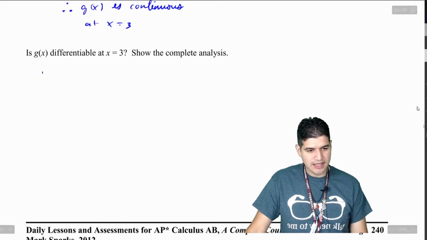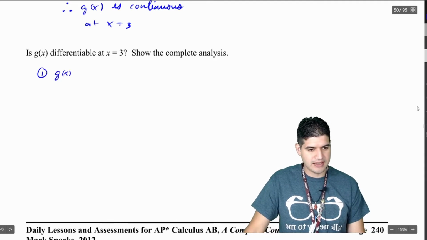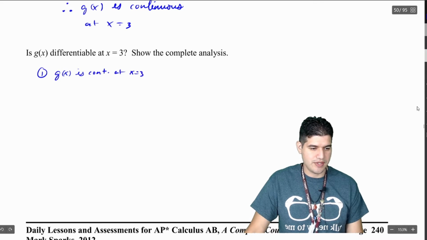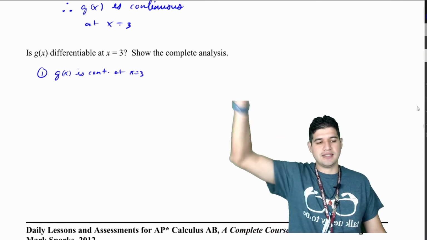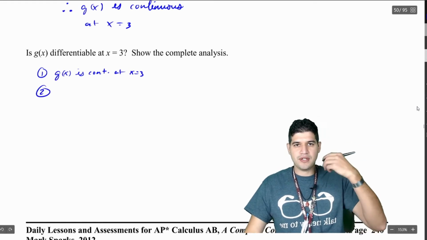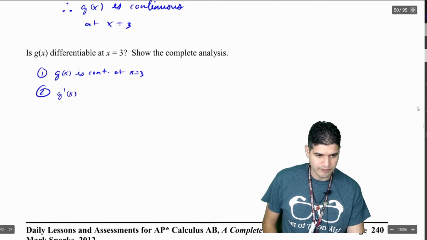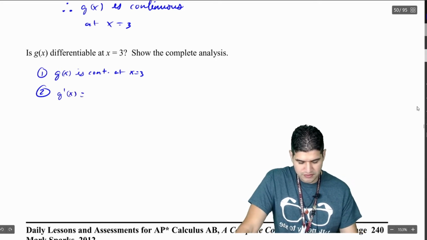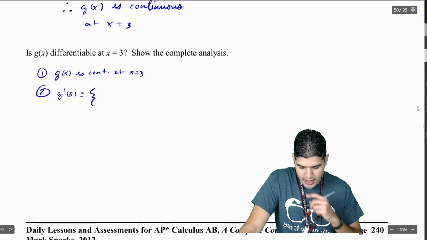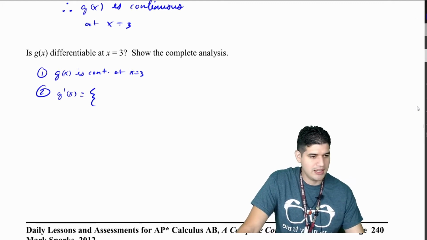The first thing is, we need to show that it's continuous. So g of x is continuous at x equals 3. We already showed all that analysis up above. Now we need to find the limit of the derivatives, so let's find g prime of x real quick. In that first one, we've got the square root, so I'm going to rewrite it here above.